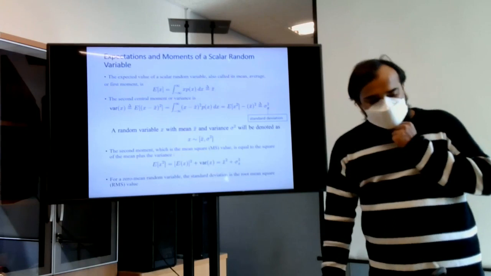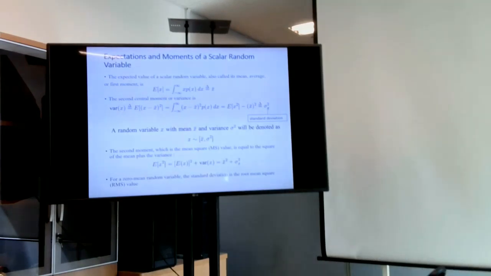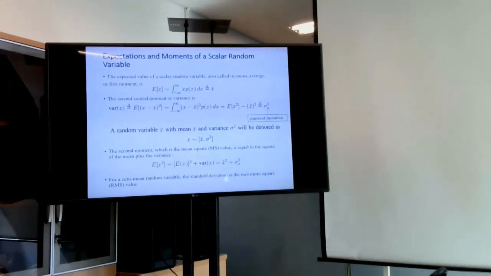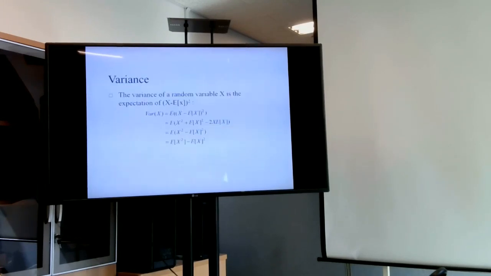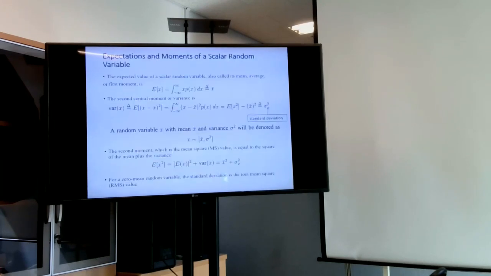So this is for zero mean random variable. The standard deviation is a root mean square value. Like this variance, the same thing.